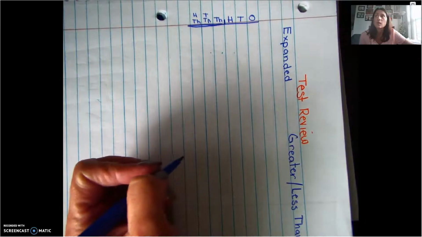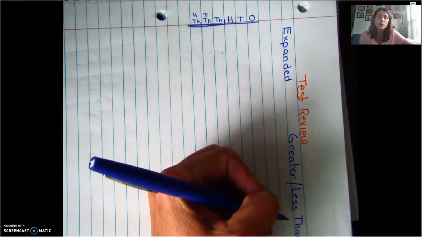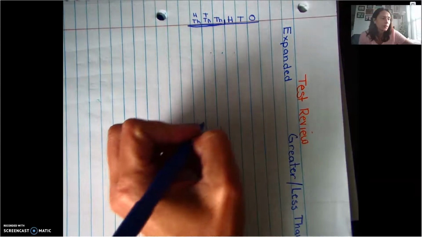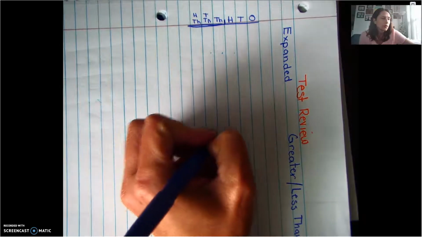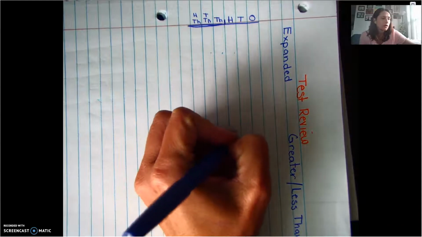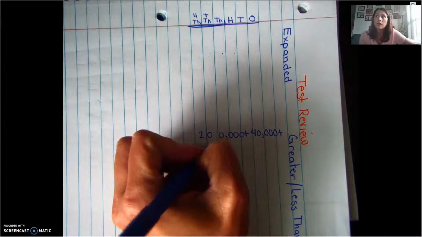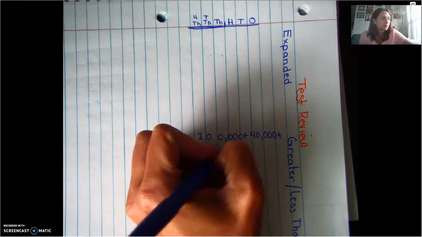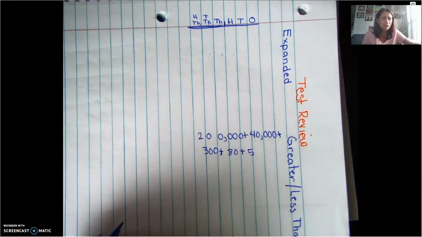Okay, so it's going to ask you to compare greater or less than, but with two numbers, but one of them is going to be expanded form, 200,000 plus 40,000 plus 300, plus 80 plus 5.